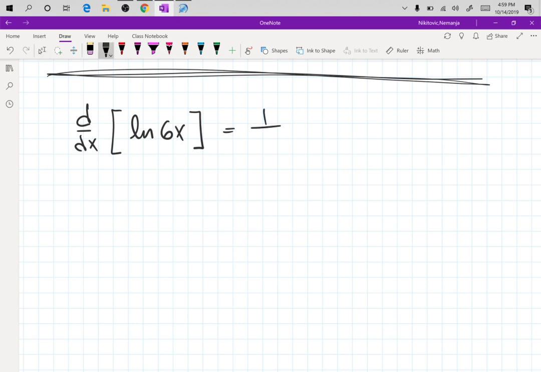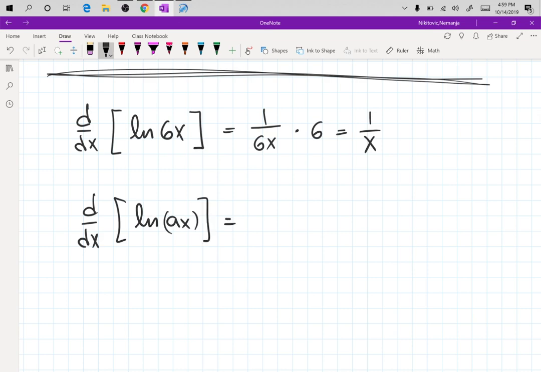Chain rule. 1 over 6x times 6 is just 1 over x. And you go, hold on. Isn't the derivative of ln of x 1 over x? How come the derivative of ln of ax is also 1 over x? It's kind of weird, right?